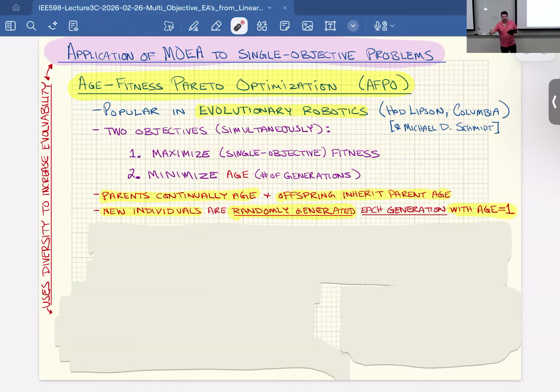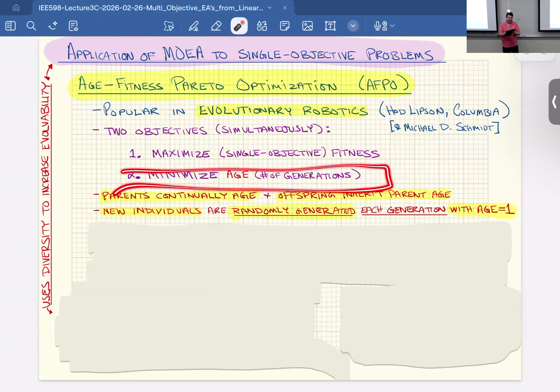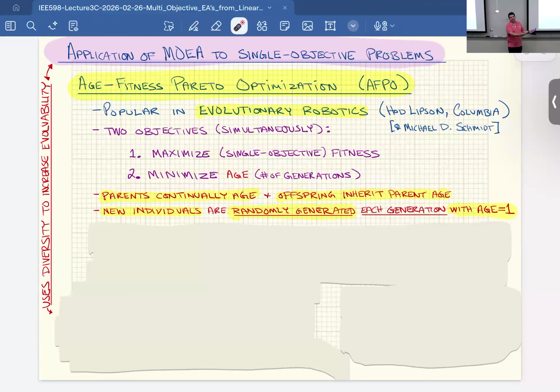And the older the population gets, the more ability to keep new individuals around, because now the high fitness individuals, they just get so old that they get a big penalty in this age criteria, which allows for even younger individuals to stay in the population longer despite not having high fitness.